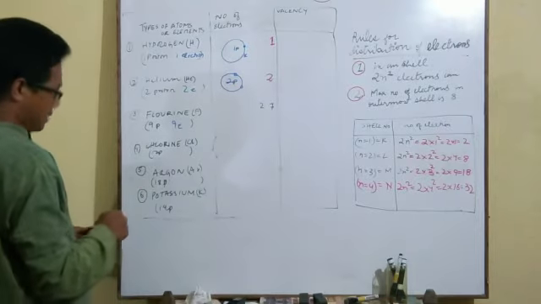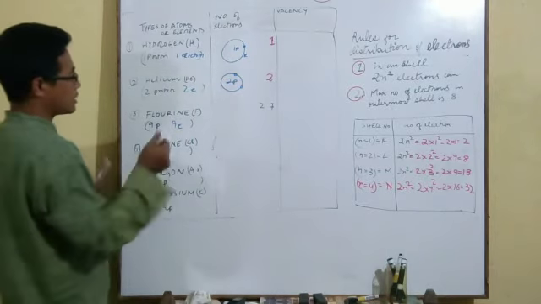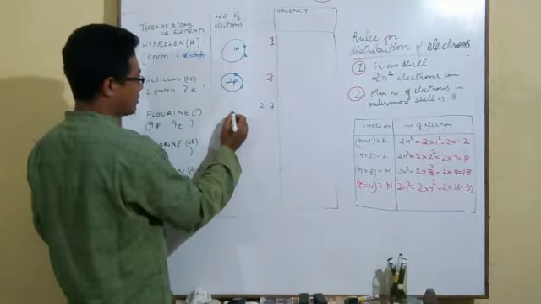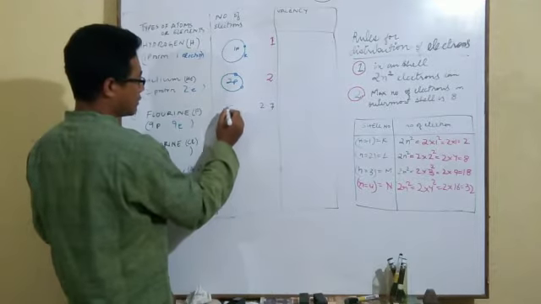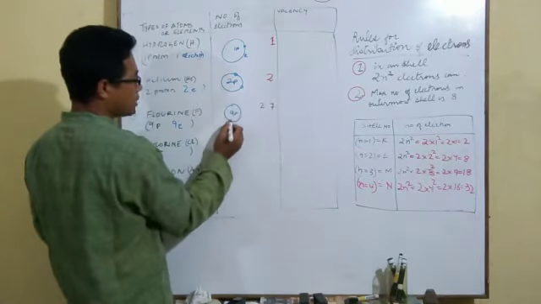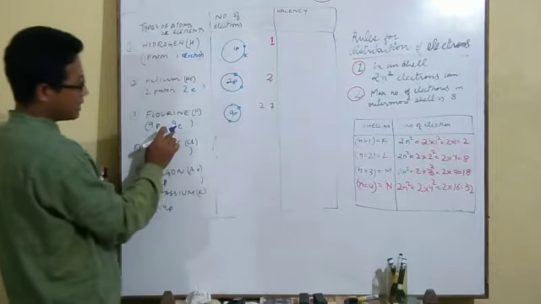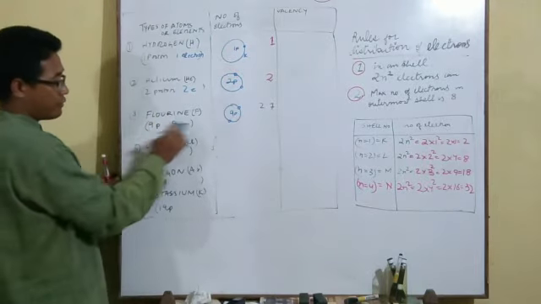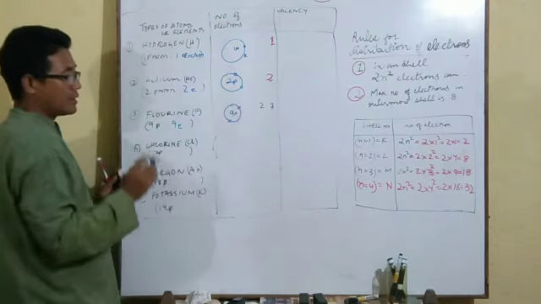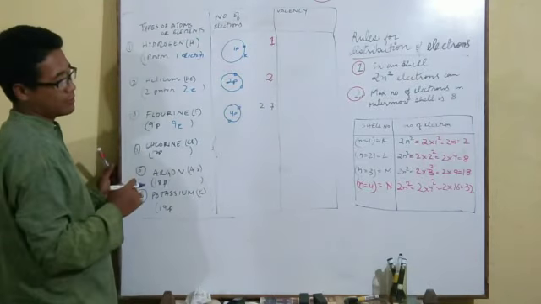Then let's do fluorine. So fluorine looks like this. So we have 9 protons, and in the first orbit you can only put 2 electrons, but we need 9 electrons. So when we have already put 2 electrons, there are 7 more you can put.